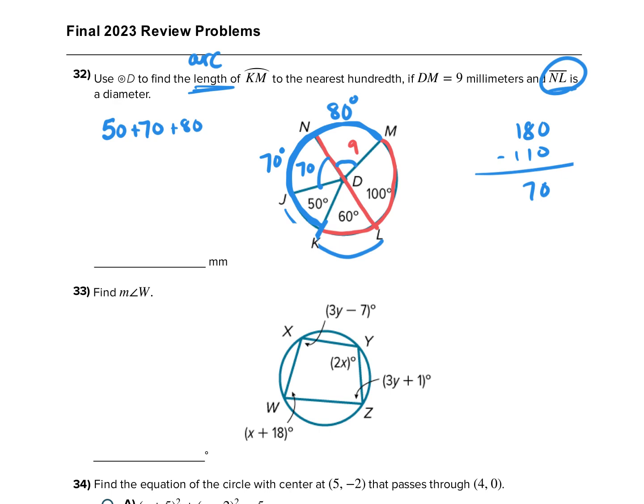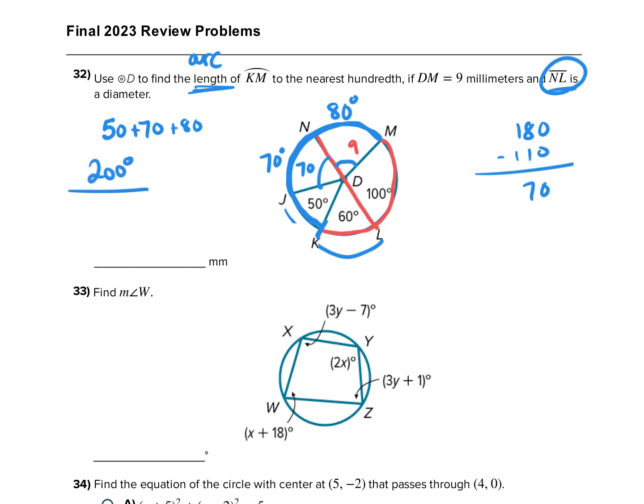So the first thing I have to do is find the total number of degrees in KM so I know what portion of the total circle I'm looking for. So when we do 50 plus 70 plus 80, I get a total of 200 degrees.